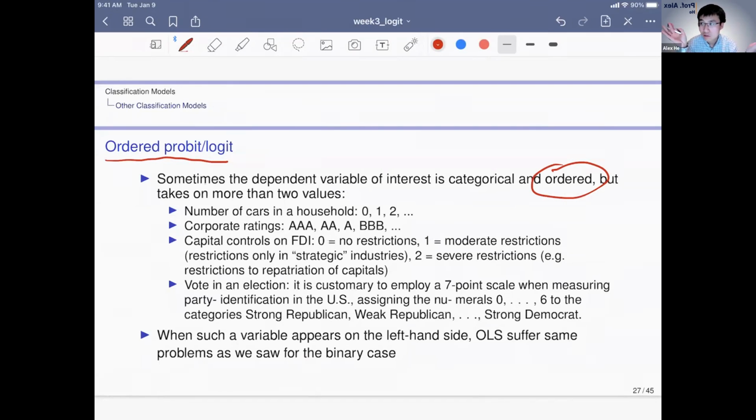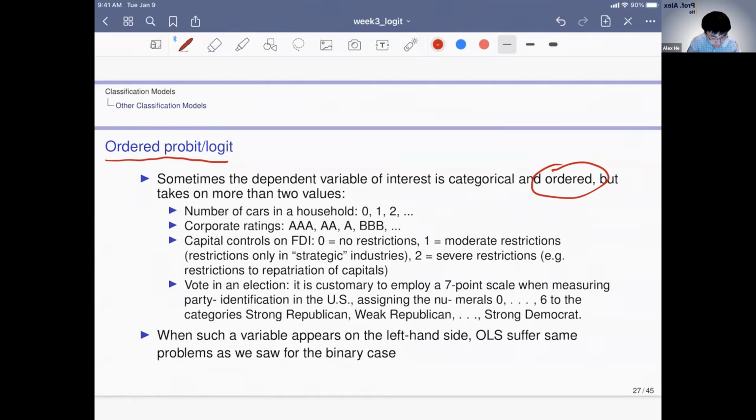One is better or higher than the other, and you can order them from the highest to the lowest. It doesn't matter whether it's ordered or not when you only have 2 categories, right? Because when you have 2 categories, it's always kind of ordered. But when you have 3 or more, it's a different case whether it's ordered or not.